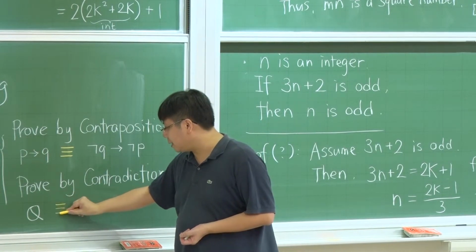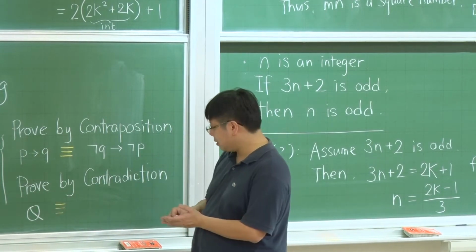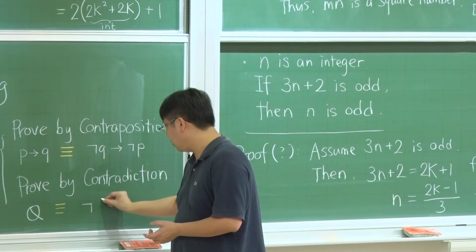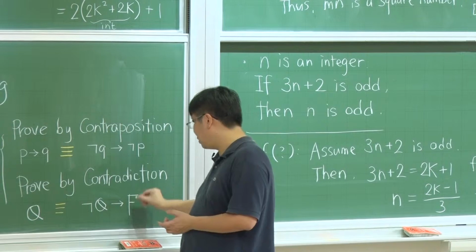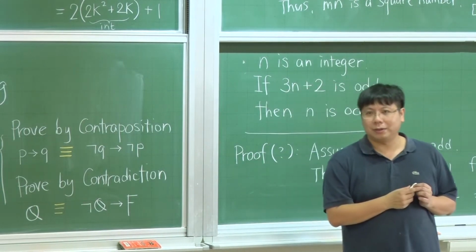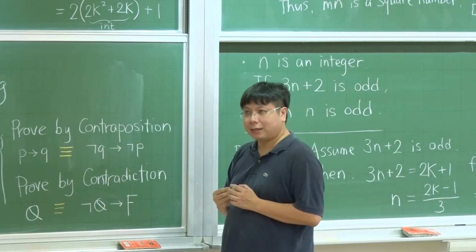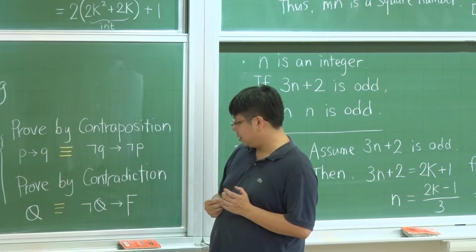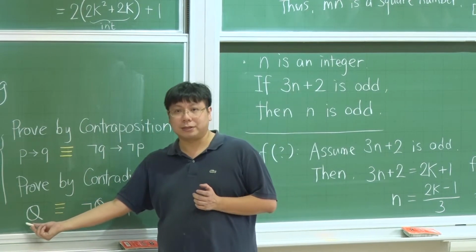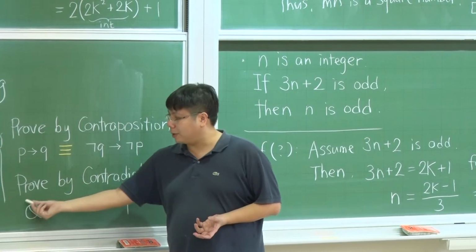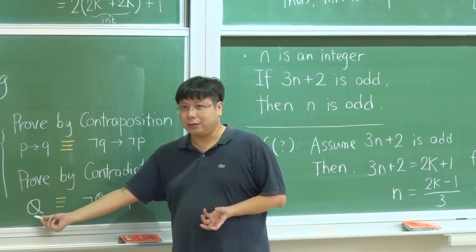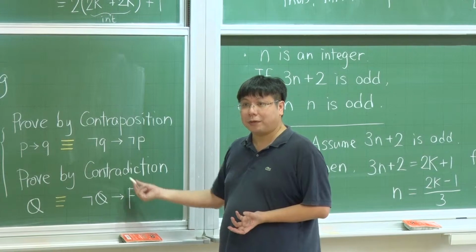I will show that not Q implies false. Okay? They're equivalent. So to prove that Q is always true, you need not Q implies F to be always true.